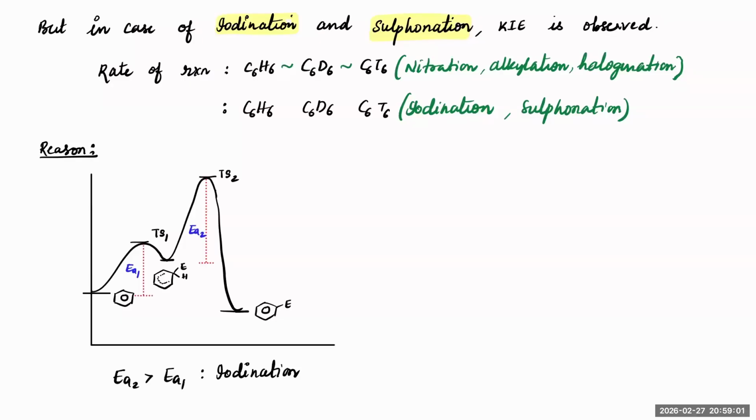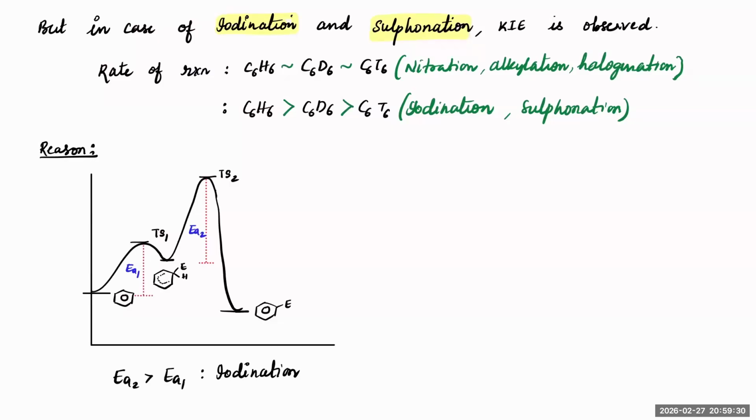See, in case of iodination, that means substitution of iodine, and substitution of SO3H, the kinetic isotopic effect is observed. In nitration, alkylation, halogenation, all these cases, you would not see much difference in the rate. But if it is iodination and sulfonation, you will see benzene will have a faster rate than the deuterium form, than the tritium form. Okay.